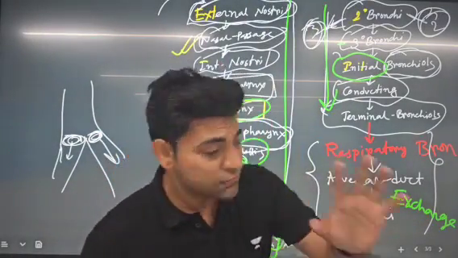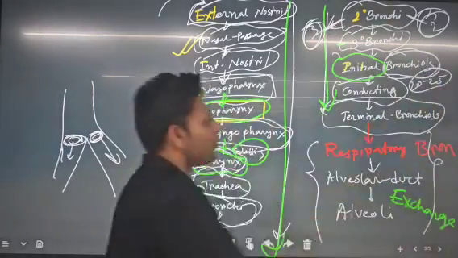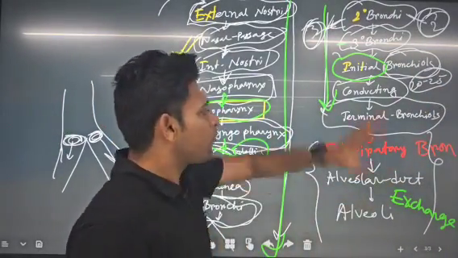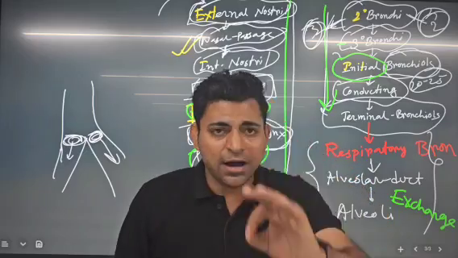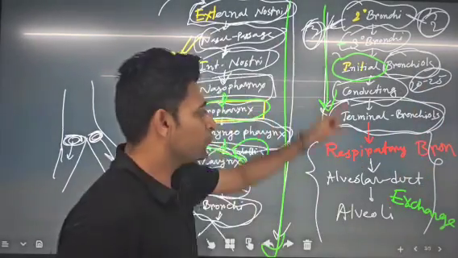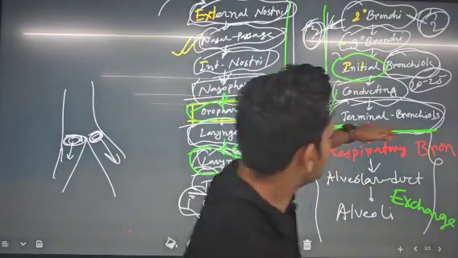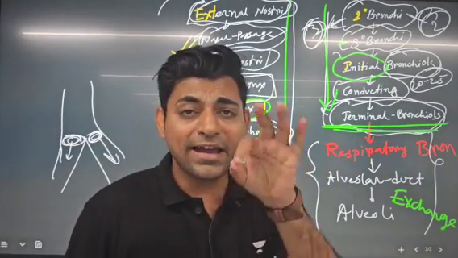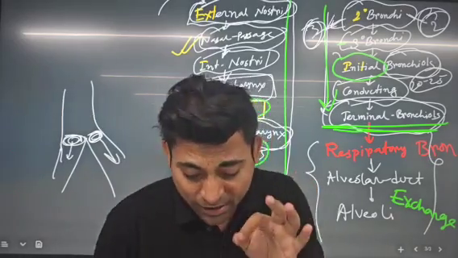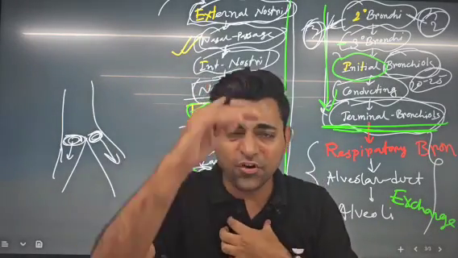Initial bronchioles further subdivide 20 to 25 times to form conducting bronchioles. Conducting bronchioles come to their end as terminal bronchioles, and up to the terminal bronchiole the air ends its journey, where the carrier part of the respiratory airway stops.